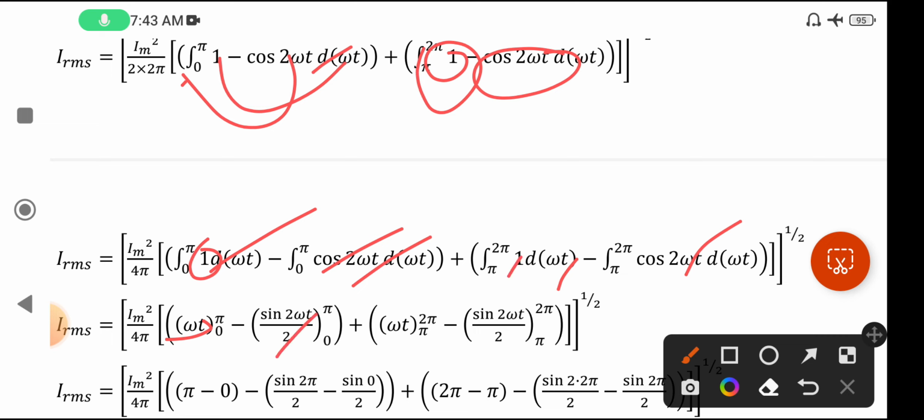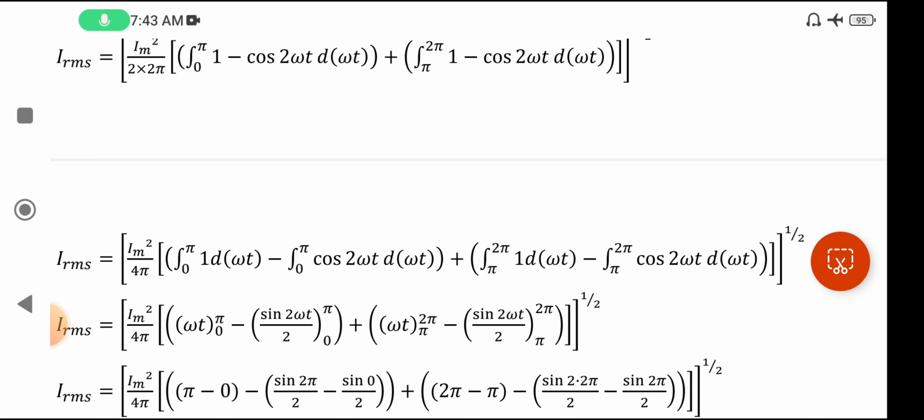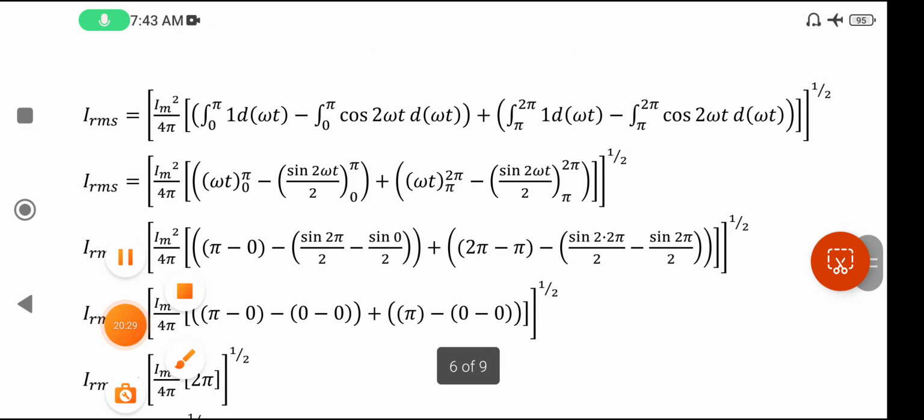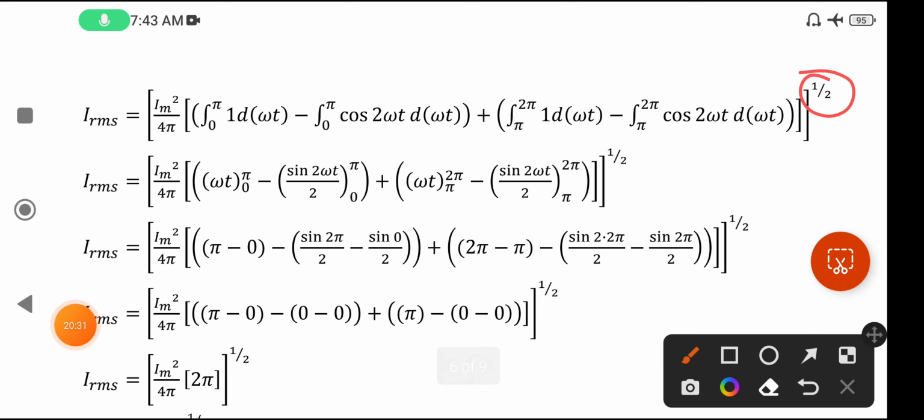Next, its value is the same, and also sin 2 omega t by 2. The limit is 0 to pi for the first, and pi to 2 pi for the second, and we should not forget the root. We continue till the end.